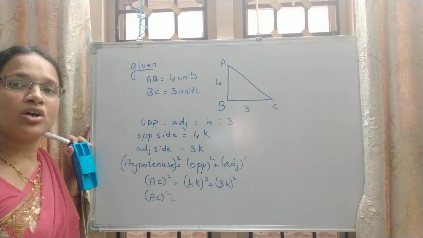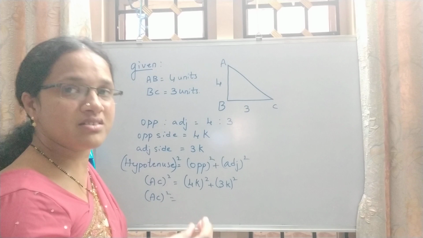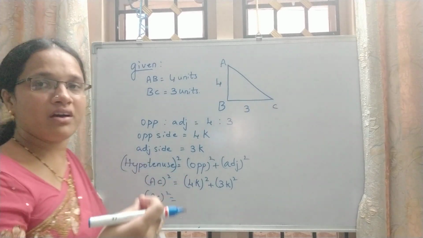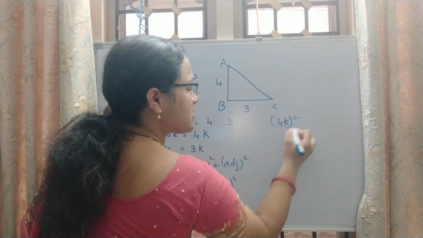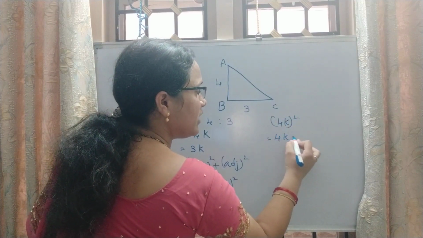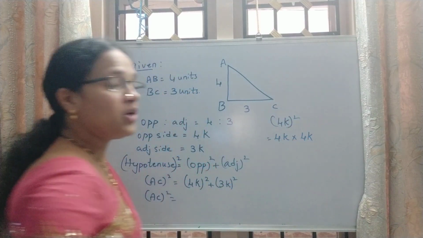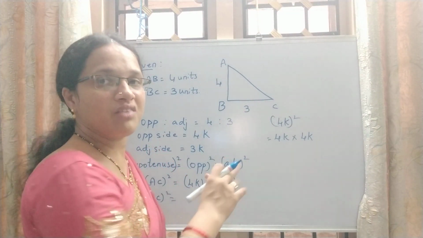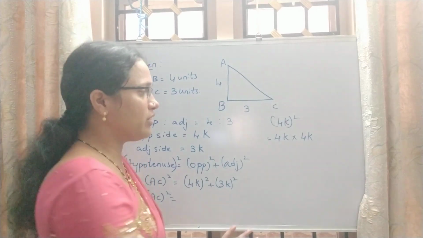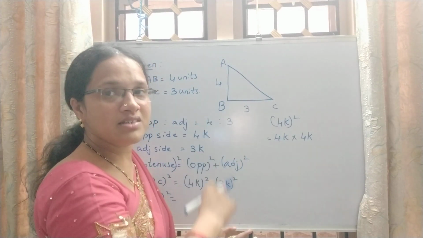Children, I know you all know how to do squaring, but still it's my duty to remind you of the basic thing. Those who are not able to multiply numbers with variables, first do the sign multiplication.